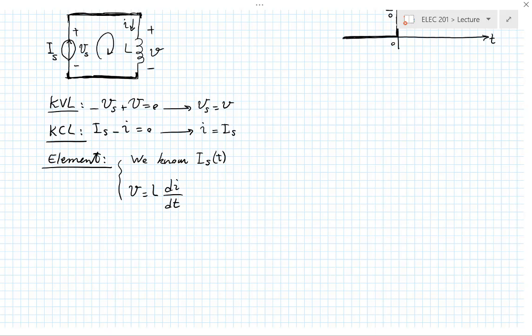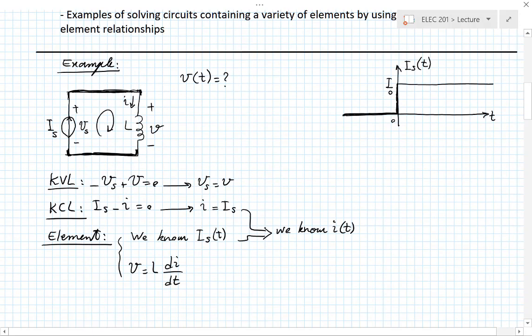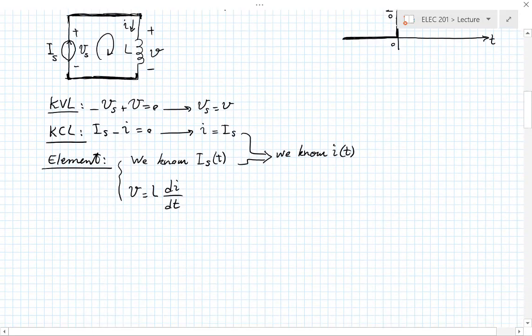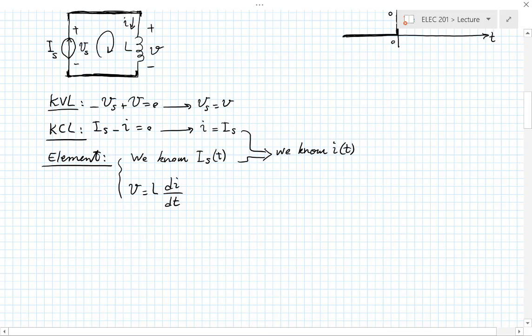Now look at what we have. I is equal to IS, and we know IS for all times. So from here, we know I, in fact, for all times. It's the same as IS up there, sketched like that. And if I'm interested in V, all I have to deal with is a simple relationship down here, V equals L dI by dt.